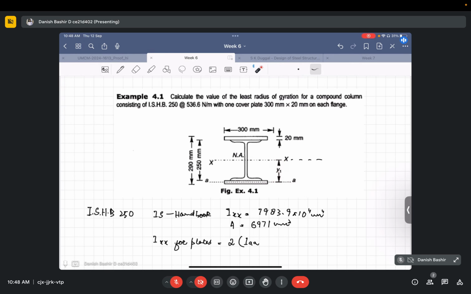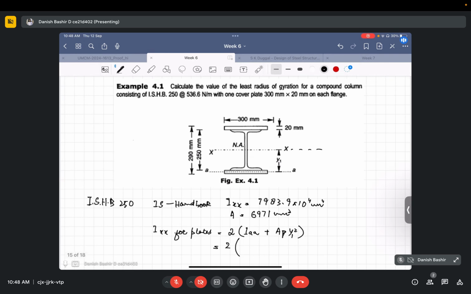So by the parallel axis theorem, plus area of plate Ap times y1 square. When we plug in all the values twice, IAA will be b d cube by 12. Here b is 300.